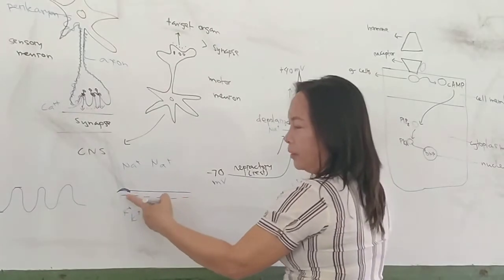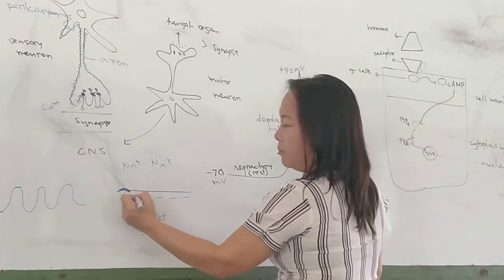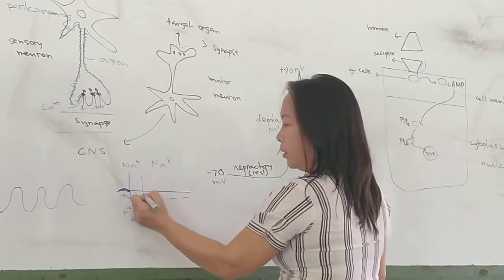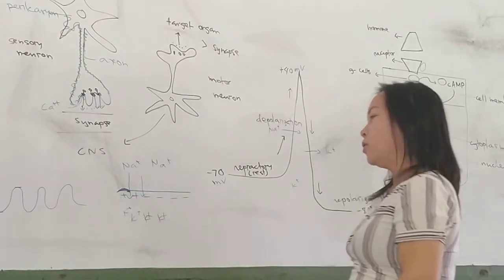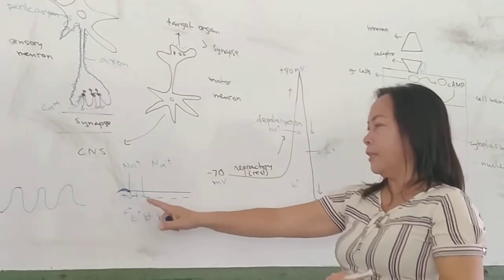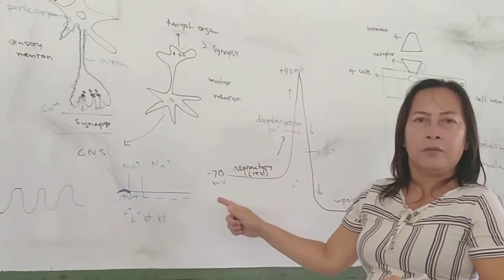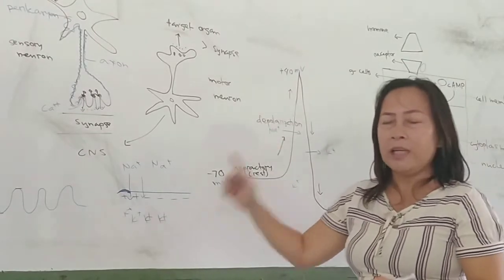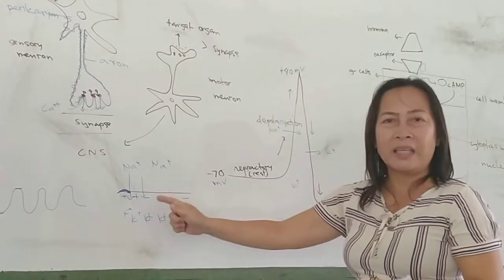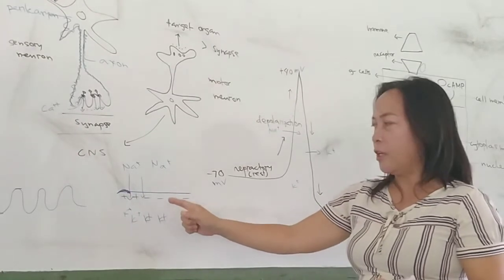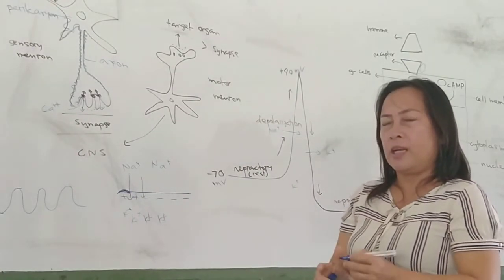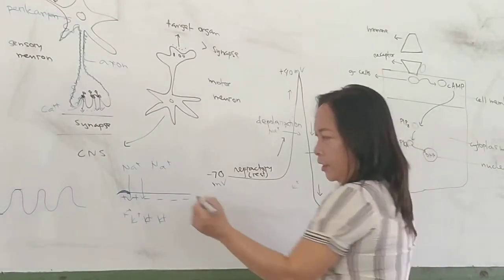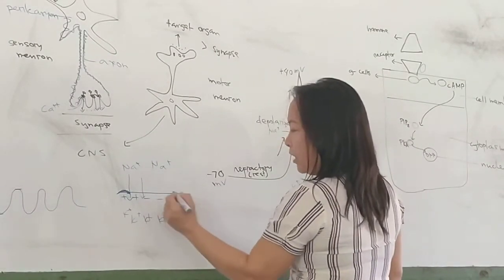So, it is no longer negative there, because sodium enters. Once sodium enters, the negative charge of the membrane is lost. Now, the membrane cannot always be negative, because that destroys its function.